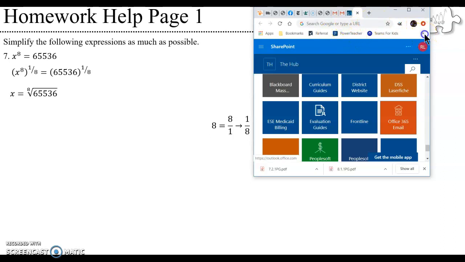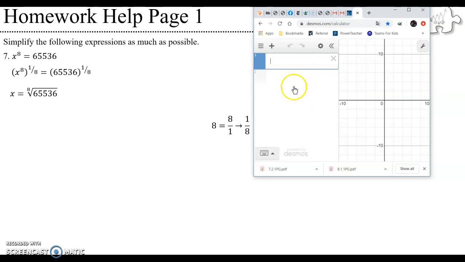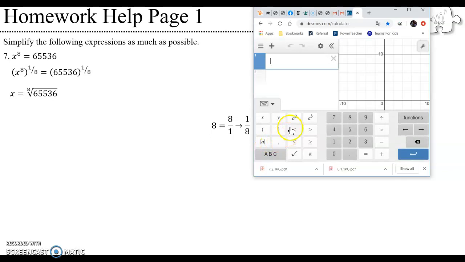So I'm going to pull out my calculator at desmos.com. And then we're just going to pull up that root function. So this is the square root, but we don't want the square root. We want the 8th root.